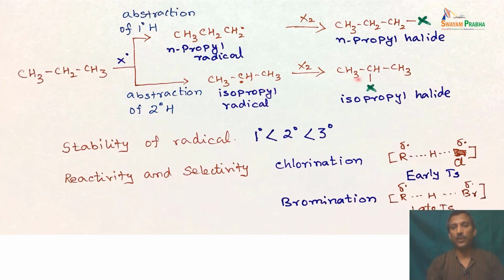So this gives the isopropyl radical or the observed product. If it is a chlorination reaction, then what happens is this is very close to the transition state. That means we have equal probability of formation of these two radicals. So the reaction mechanism can be explained based on the transition state of this particular radical reaction.